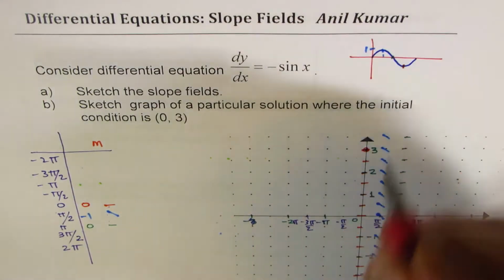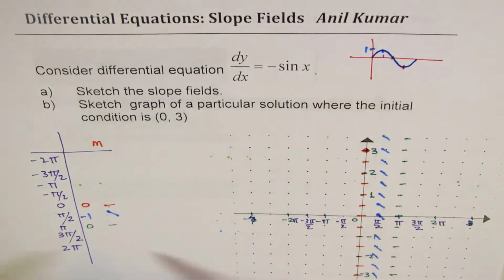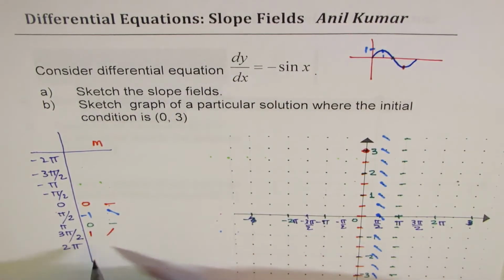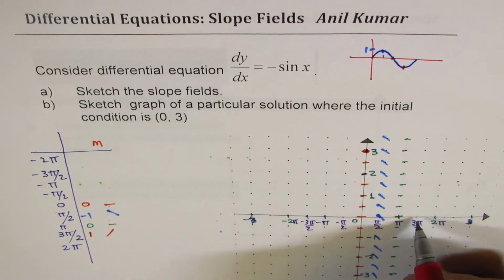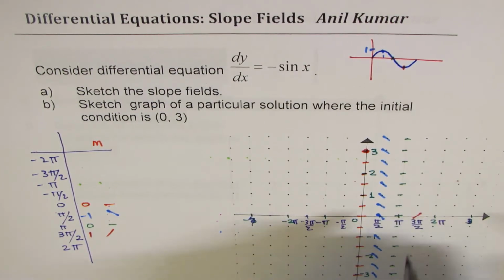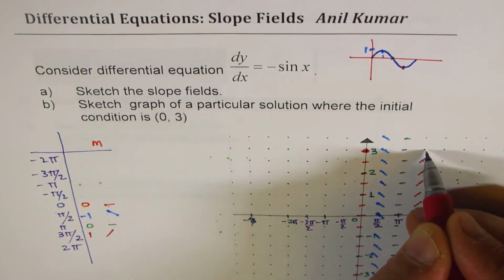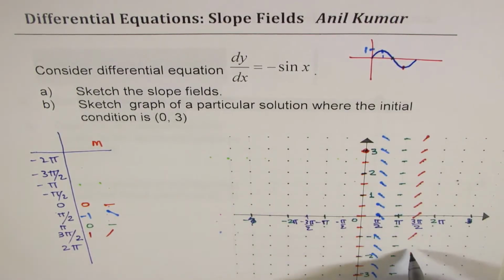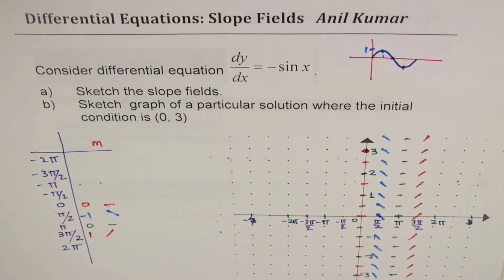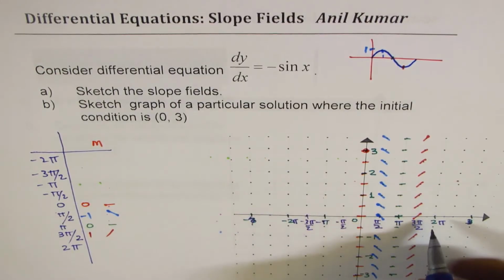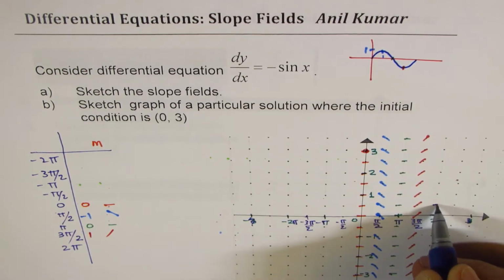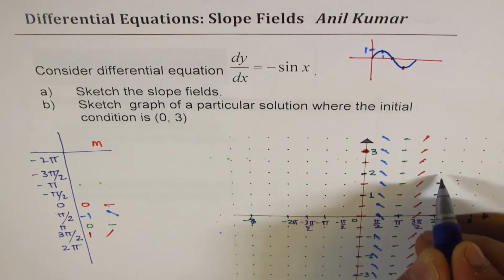But minus of minus 1 gives us plus 1. That means upwards. So at 3 pi by 2, the short segments will be kind of like this. Correct? And at 2 pi, it is again 0. 0 means horizontal, right? So we'll just draw horizontal line segments for 2 pi.